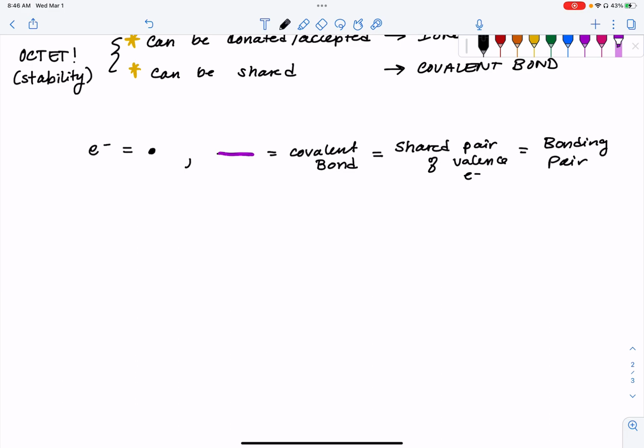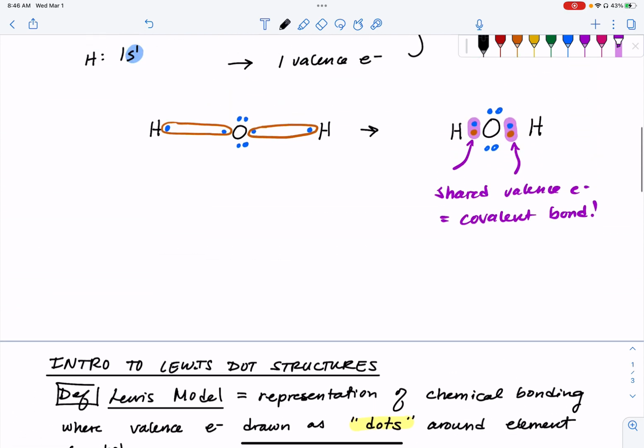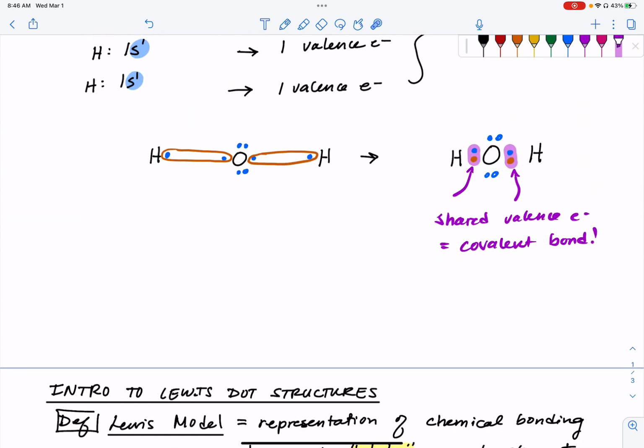Some other things that you will see is you will see electrons that are drawn next to one another that are not involved in a chemical bond, meaning they're just left over as a result of being present on their parent or original atom. So that'd be these blue electrons here on oxygen.